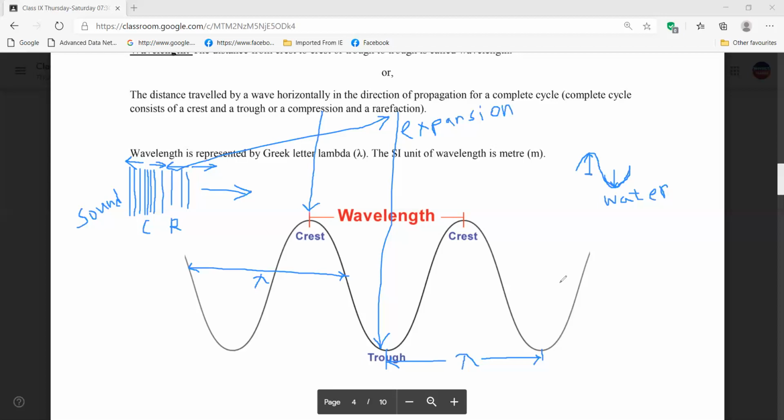Three ways, right? Crest to crest distance, trough to trough distance, and the starting of the wave to the end of the complete wave. We know that one crest and one trough is a complete wave. Similarly, we can say one trough and one crest is a complete wave.